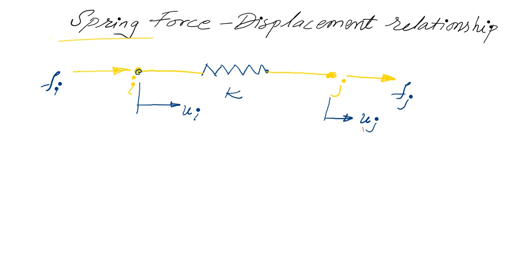Okay, so when you look at the graph, in the vertical axis there will be force and horizontally there will be displacement. Here the force is directly proportional to the displacement.